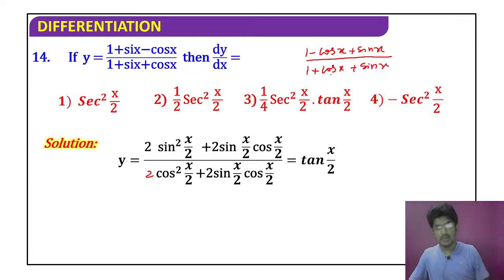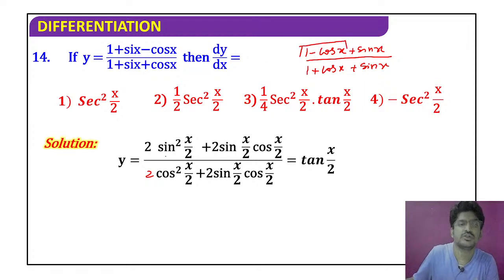Okay. So you just see, 1 minus cos x is 2 sin square x by 2. 1 plus cos x is 2 cos square x by 2. And sin x is 2 sin x by 2 cos x by 2.